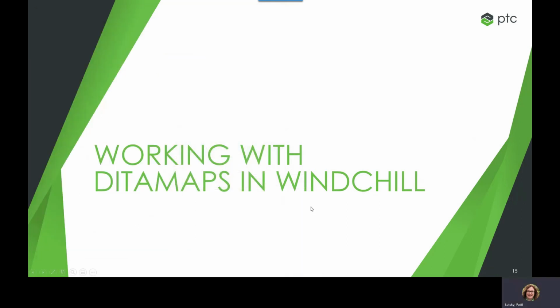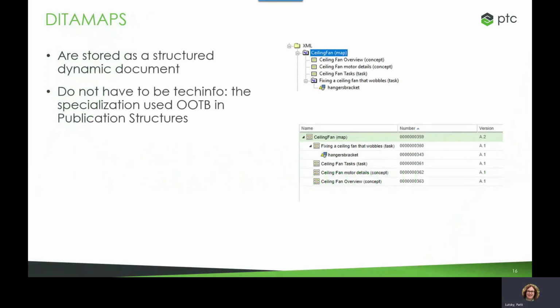Okay, the next area that I want to talk about is working with DITAMAPS in Windchill. Now, DITAMAPS are stored in Windchill as a structured dynamic document. So the map itself will be the parent, and then each of the topics will be stored with a link as a child from the parent map.